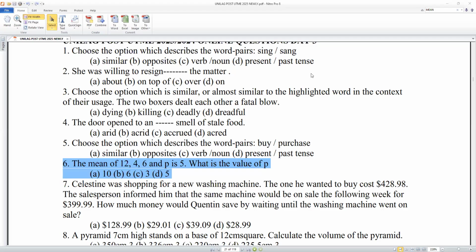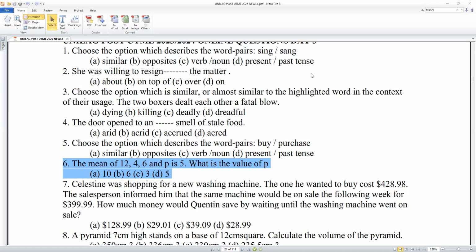If the mean of 5 numbers, okay, I will change the value here because the question looks like what I've just solved today.